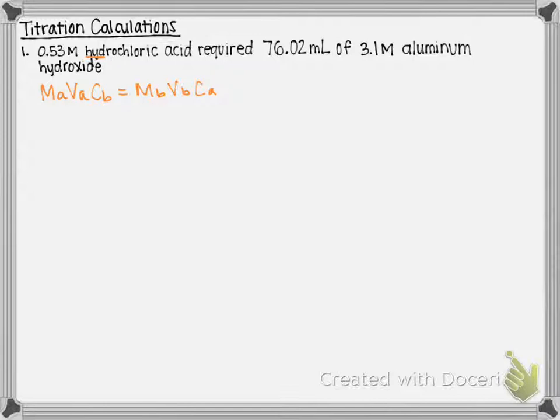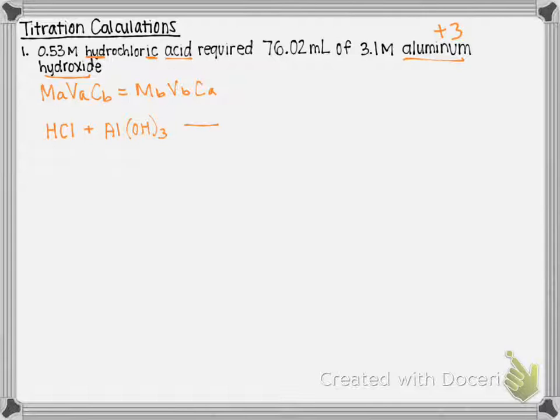A hydro-ic acid comes from an "ide" ending, so it's hydrogen chloride. And your base is aluminum hydroxide. Aluminum is a +3. Hydroxide is a -1, so it's going to be Al(OH)3.